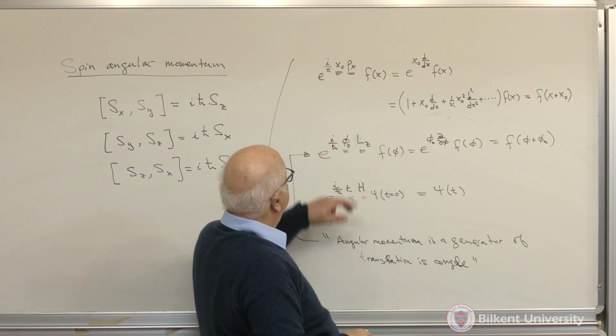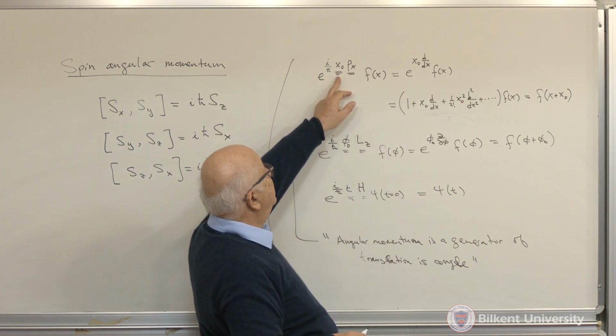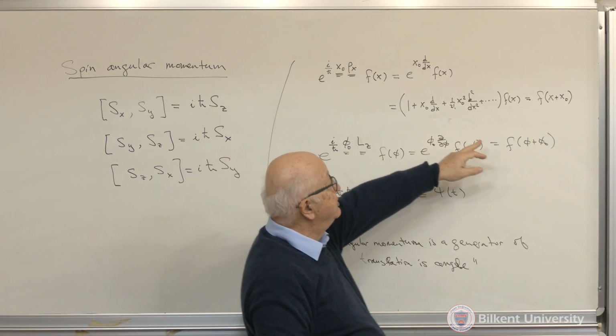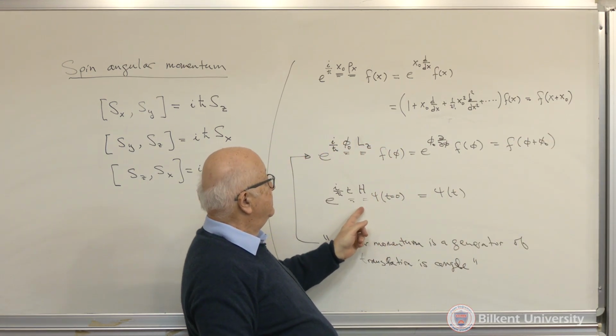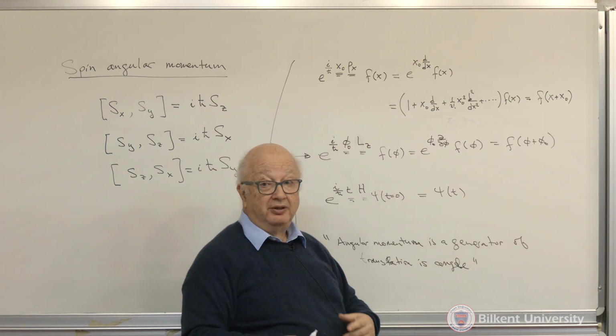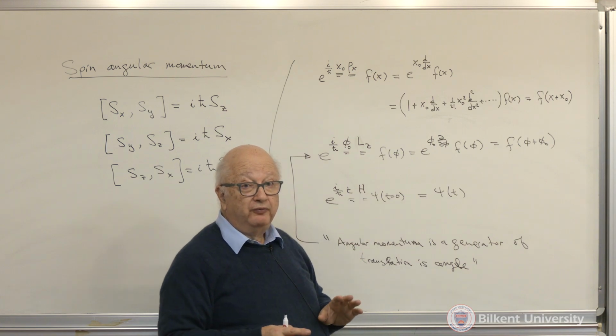For this one, we would say the momentum operator is the generator of translations in position. The Hamiltonian is a generator of translation in time. So this is another starting point for quantum mechanics.